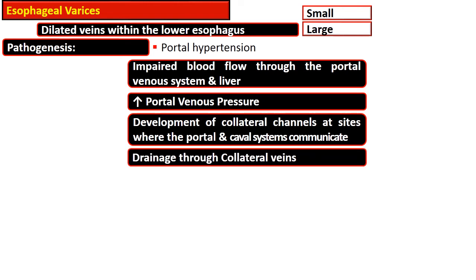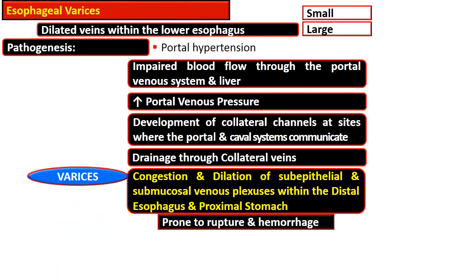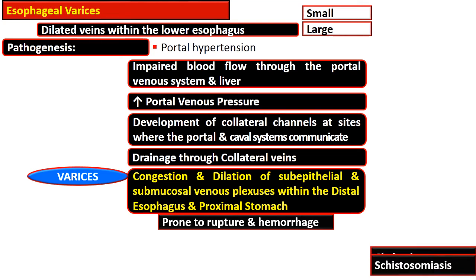So there is drainage through the collateral veins, but it is not sufficient and results in congestion and dilatation of the subepithelial and submucosal venous plexus within the distal esophagus and proximal stomach. These are termed varices, and these are prone to rupture and hemorrhage.